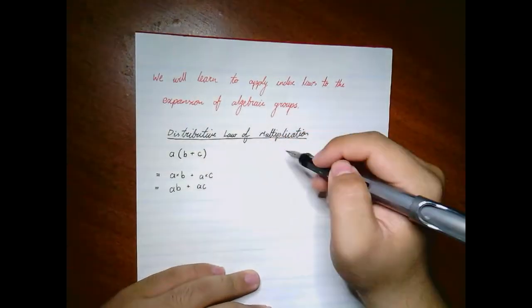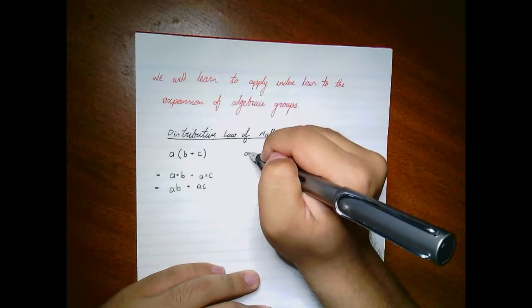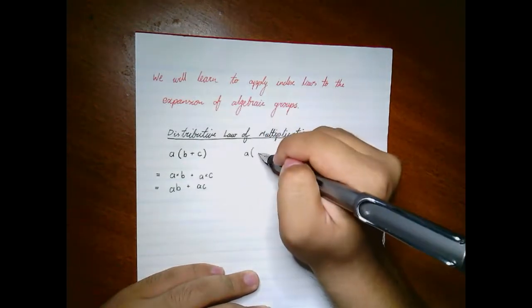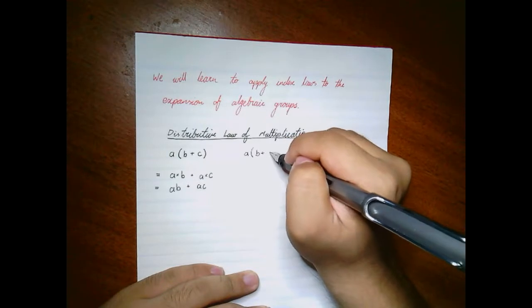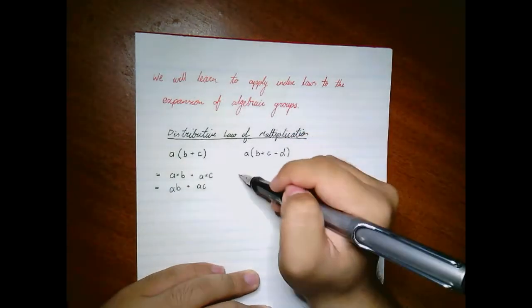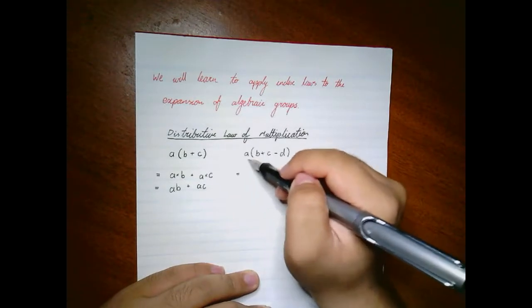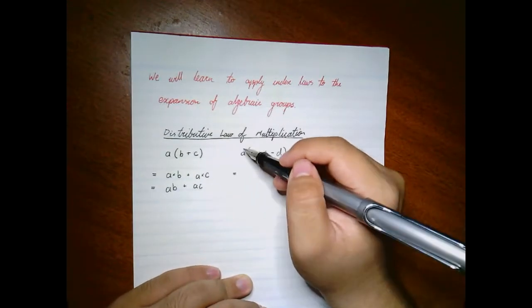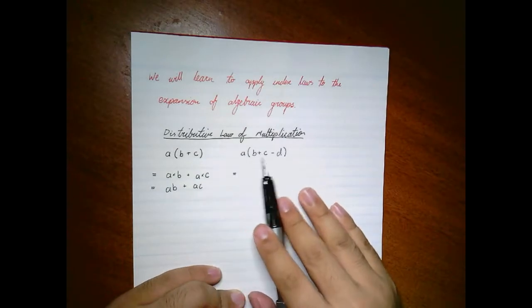If we have more groups, so let's take for example A outside B plus C minus D, the exact same thing happens. This letter or this number will multiply to each one individually.